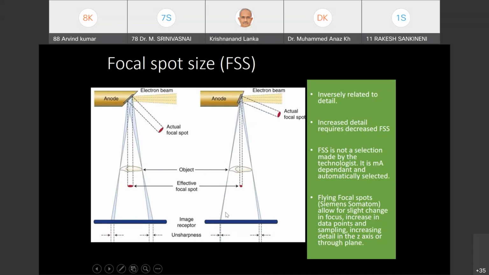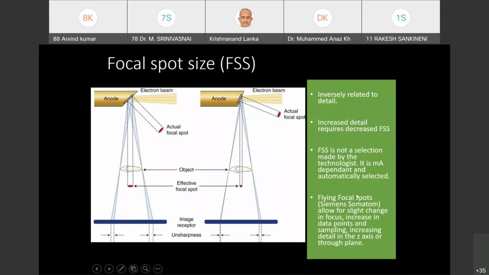You can see there is an unsharpness to the extent of only this, whereas if your effective spot beam is kept like this instead of like this, then you can increase your sharpness. So here, flying focal spots in Siemens allow for slight change in focus, increase in data points, and the sampling increases.